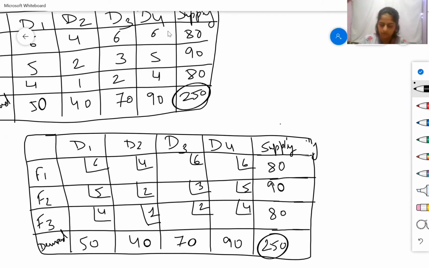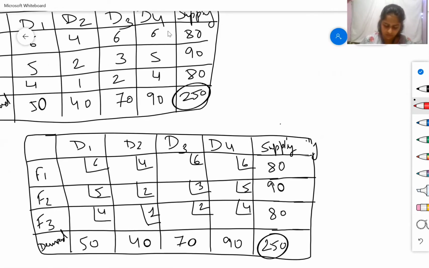Now, for allocation, we have to see which one has the lowest cost in the matrix table. We will not see supply and demand, we'll just see the cost and we will allocate where the cost is lowest, which means we have here 1 as the lowest, which is in F3 D2.